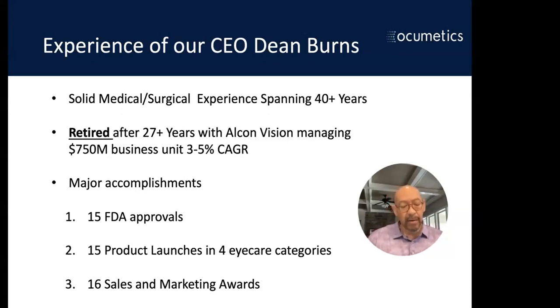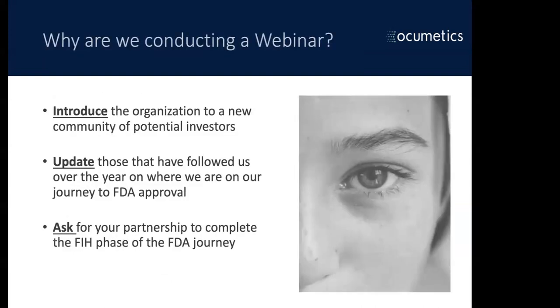So that's cataract, refractive, vitreoretinal, and pharmaceutical, and then 16 national and international sales and marketing awards. So I've got a pretty good, robust background, which makes me uniquely qualified to do what I'm doing to lead this team through the FDA process and certainly into commercialization with the Ocumetics lens.